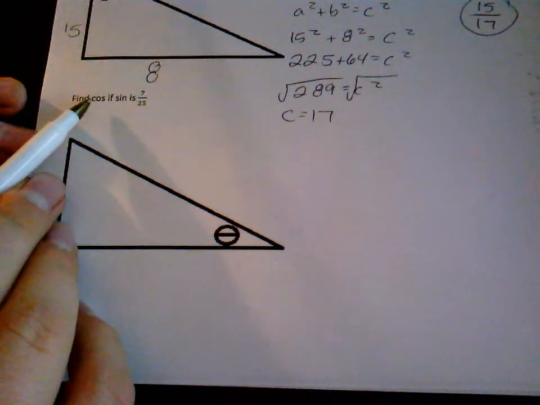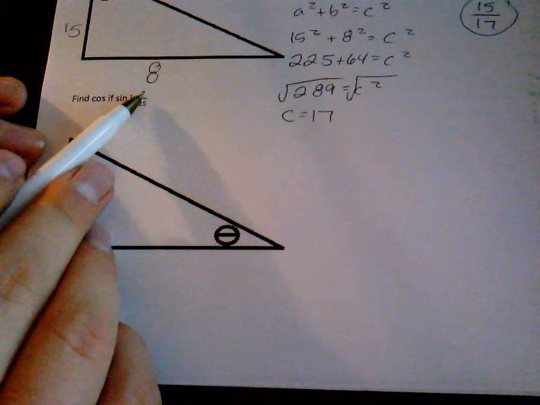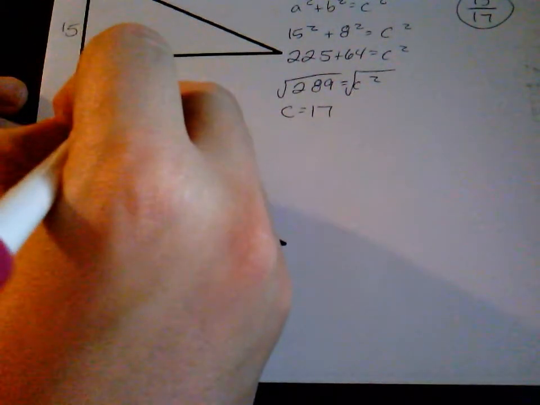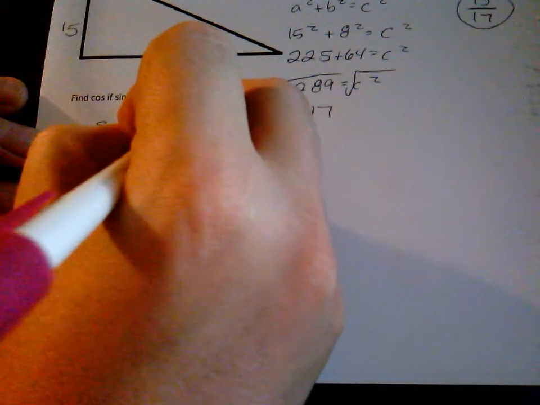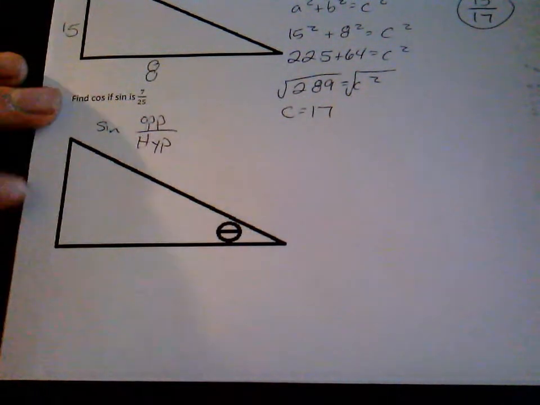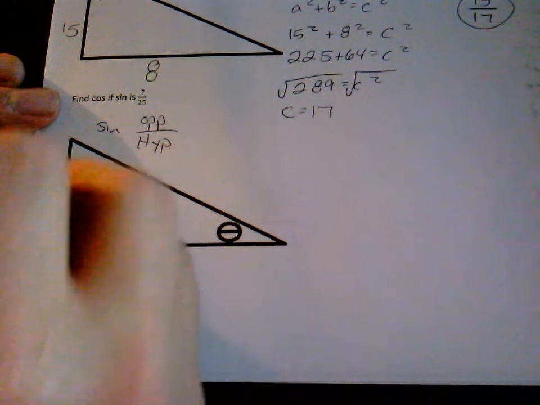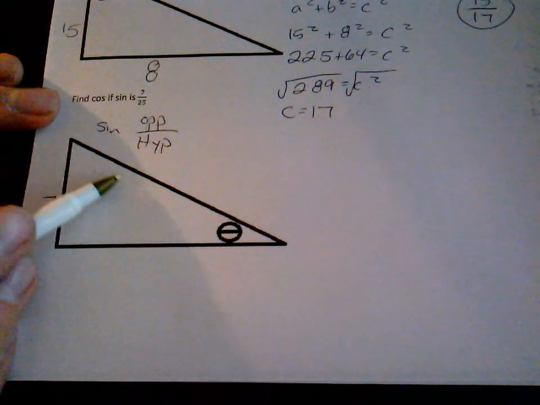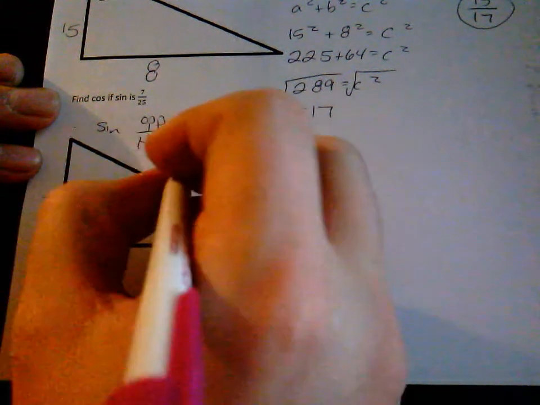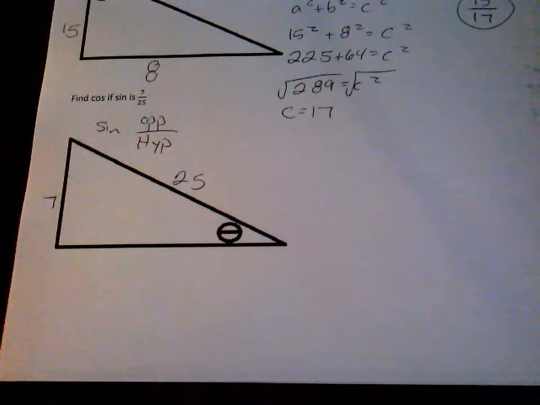Find cosine if sine is 7 over 25. Well, we know sine is opposite over hypotenuse. Okay, so we know the opposite side has to be this one, so this one is 7 over the hypotenuse. The longest side, which is this one, is 25. So we're going to try to find that third side there.